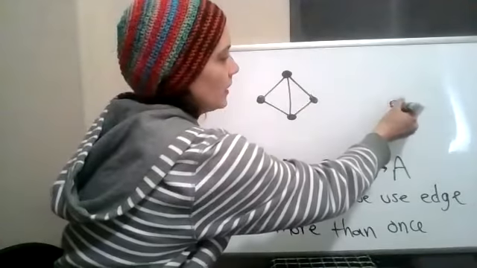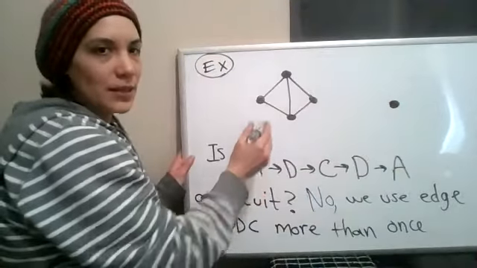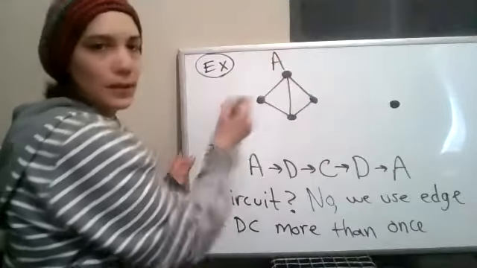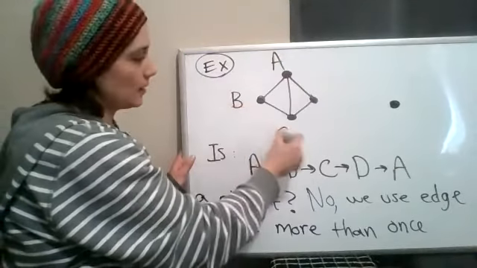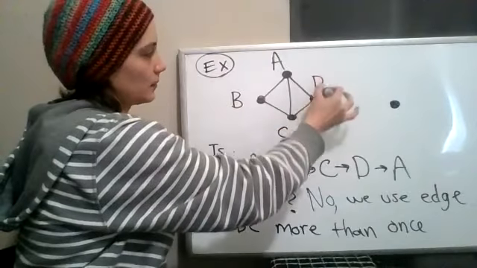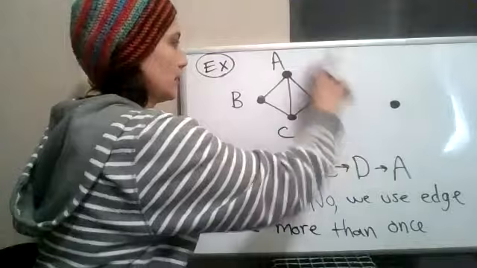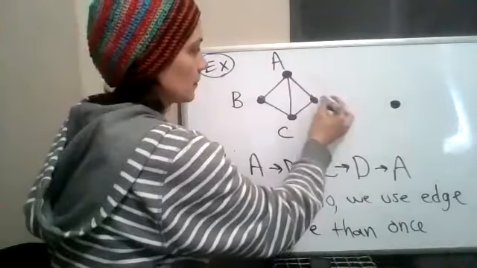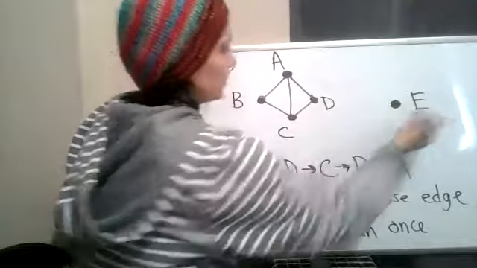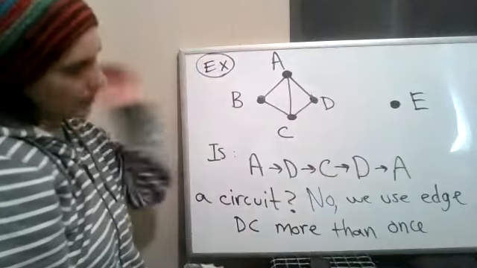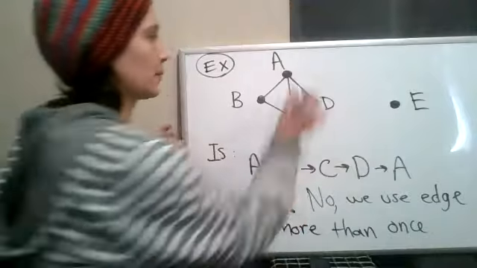Another vertex over here. Let's start with some labels. A, B, C. Actually, I'll scoot this up. And E. Okay, we're going to connect A with E and C with E.